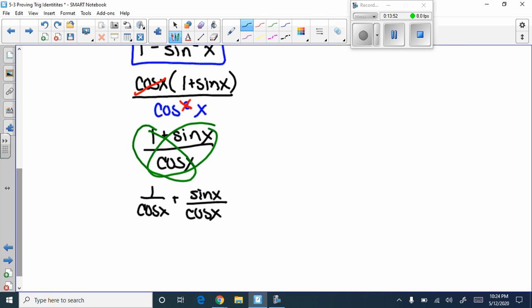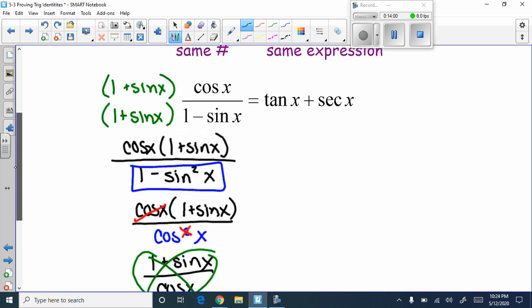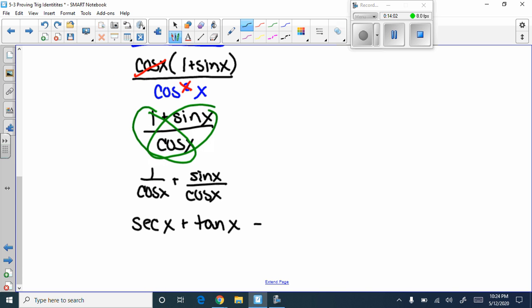And 1 over cosine, that is the secant of x. And sine x over cosine x is the tangent of x. And that is what we are trying to show, that it equals the tangent of x plus the secant of x.